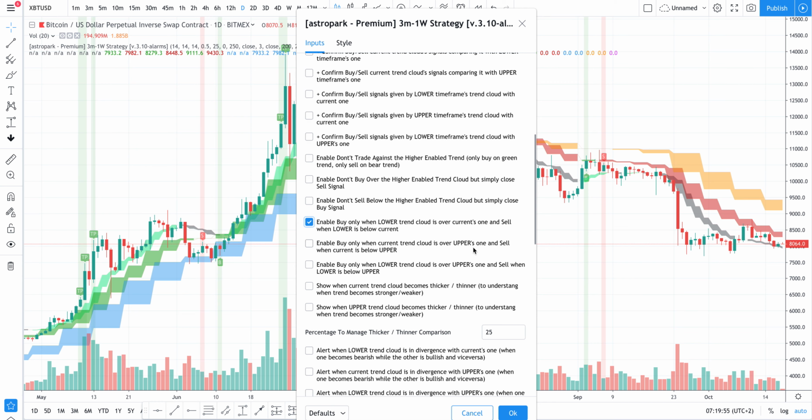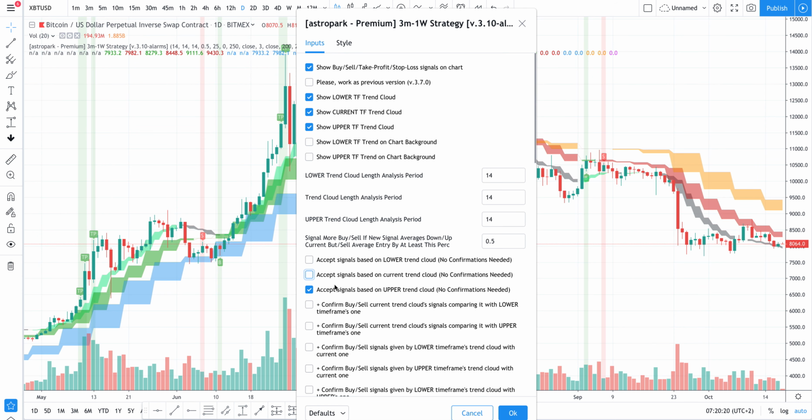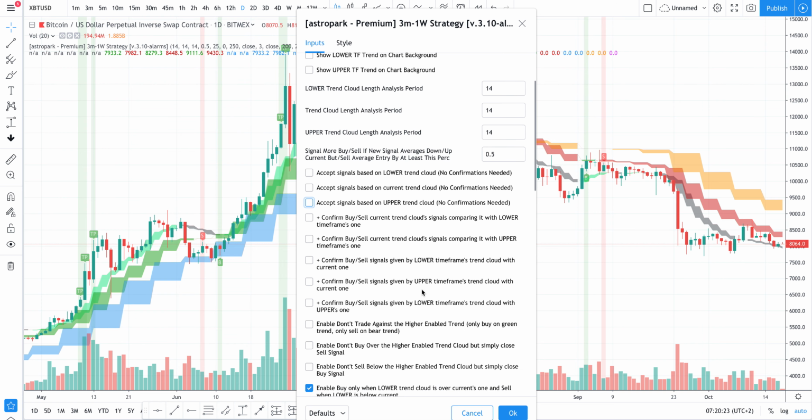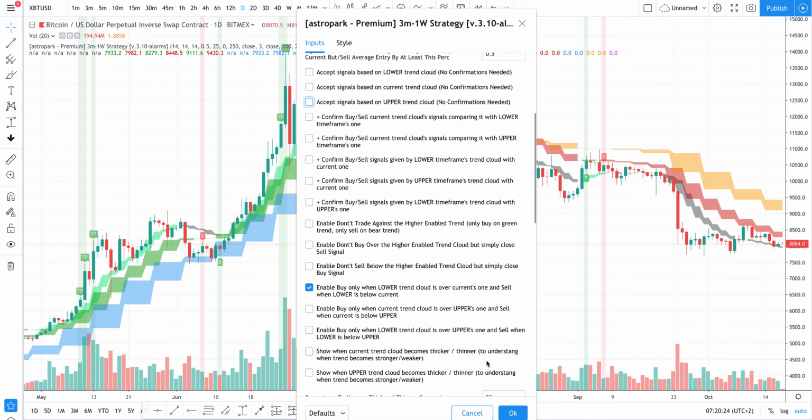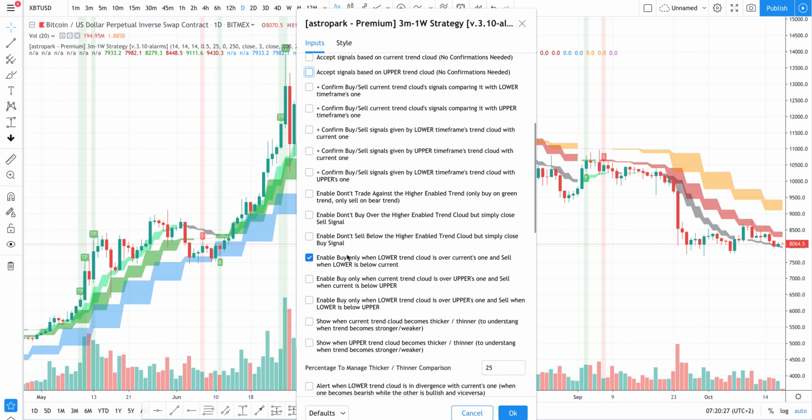Sometimes when trend clouds intersect, you can take that as a signal by itself. It's a good idea, but you have to be sure to disable, of course, this one for these options to work.